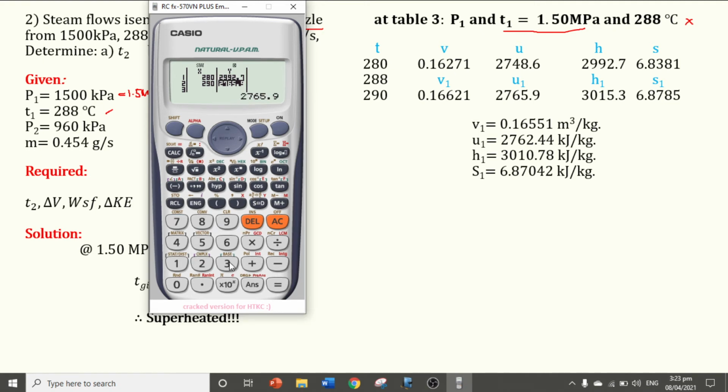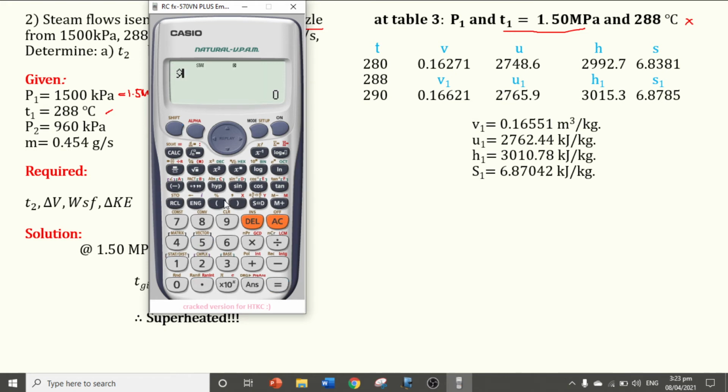Then 3015.3. Therefore, H1 is 3010.78, and last, solving for S1. Edit natin ulit si Y, 6.8381, 6.8785.